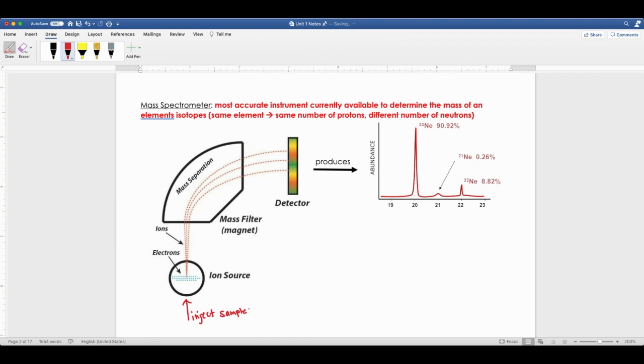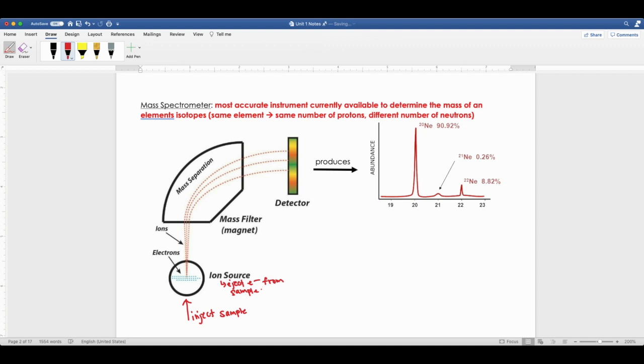And we have to first make each of these into ions, because that's really how this works. This ion source is going to eject electrons from the sample. You don't really need to know this, but it's kind of cool to understand how it works. That pulls electrons away from the sample in order to make ions.